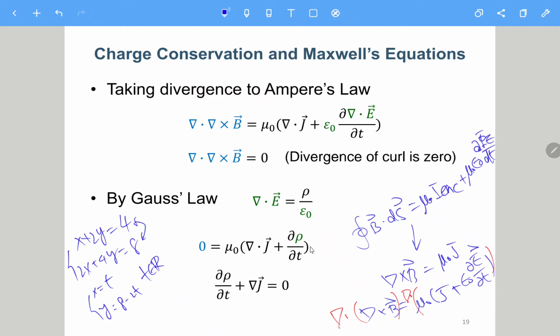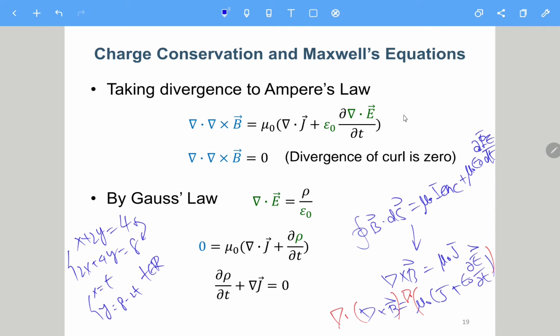In this case, we have 0 equals 0, which means that the conservation of charge is compatible with the Maxwell equation. They are dependent on each other, and that's why they're compatible.